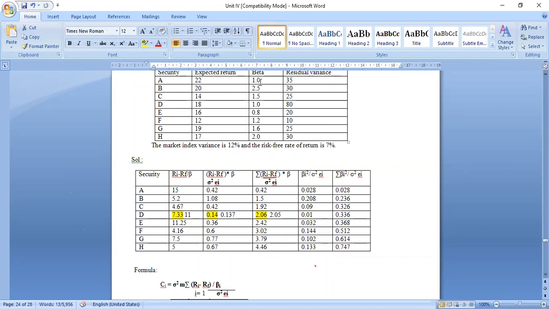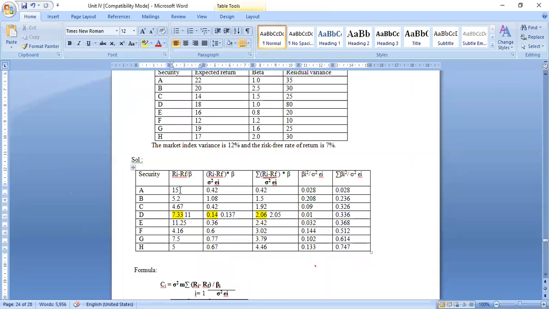Okay. So with this you will get Ri minus Rf divided by beta as 15. The same we are going to calculate up till security H. So in case of the second, you are having 20 minus 7 divided by the beta 2.5. That will give you the value 5.2. Then for the third security, you are having 14 minus 7 divided by the beta 1.5.